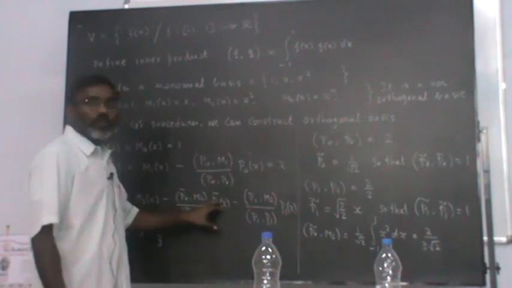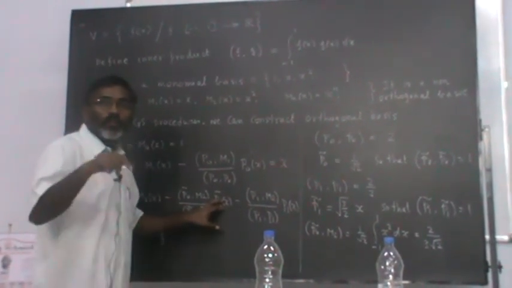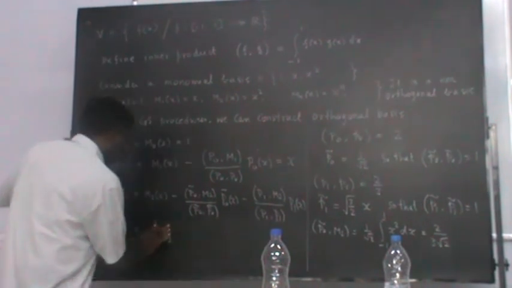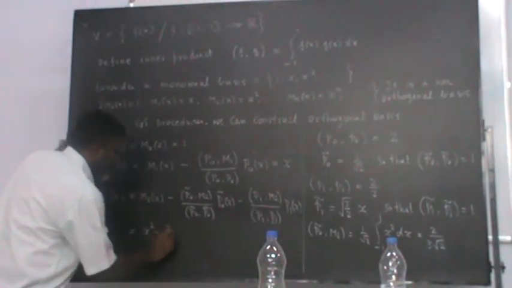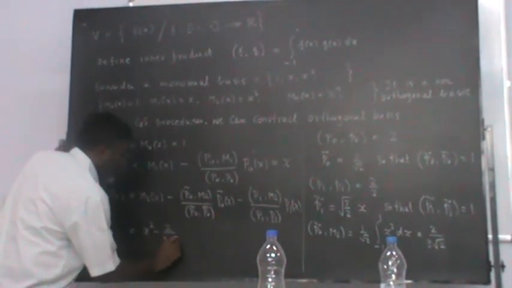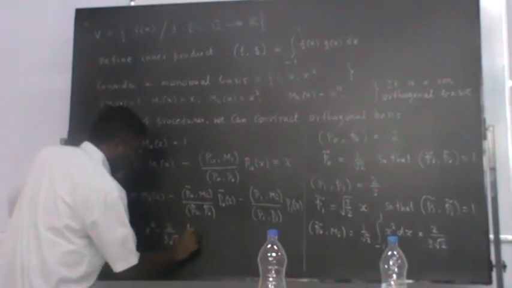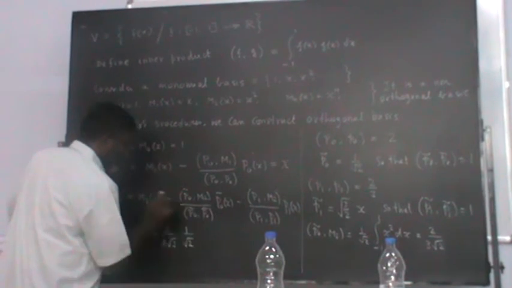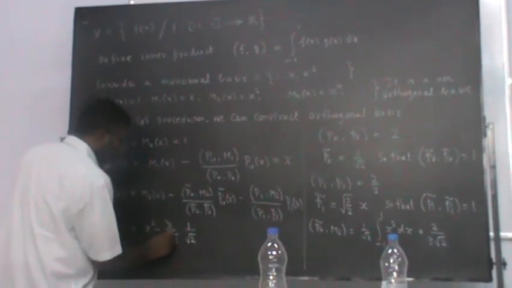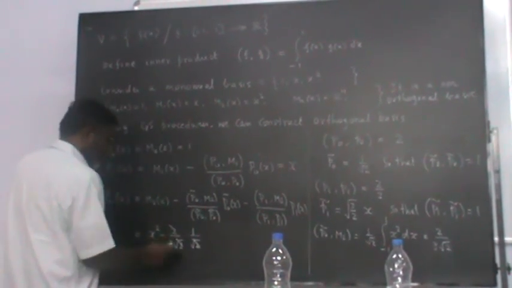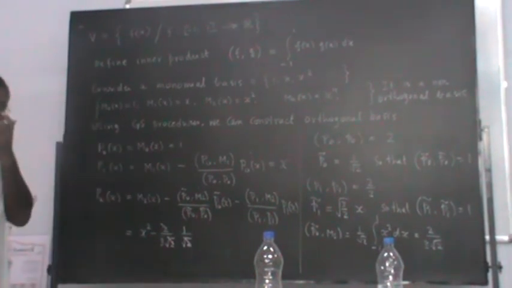And P0 is another 1 by root 2. So 2 by 3 root 2 into 1 by root 2, the root 2 cancels, and I will have x square minus 1 by 3.